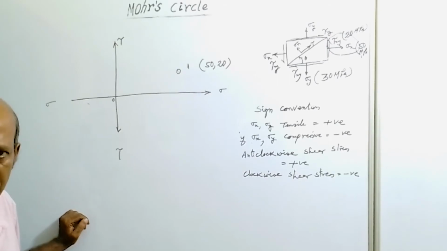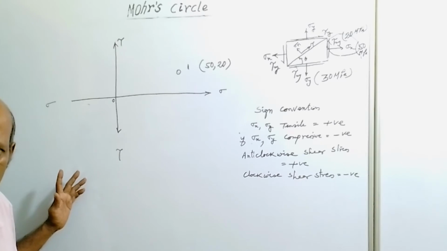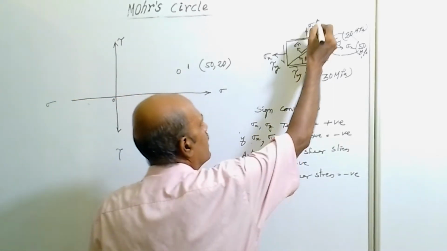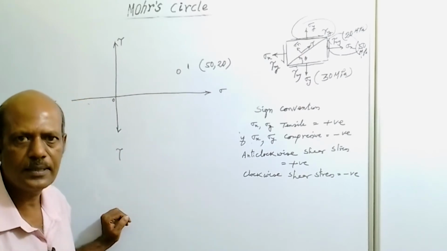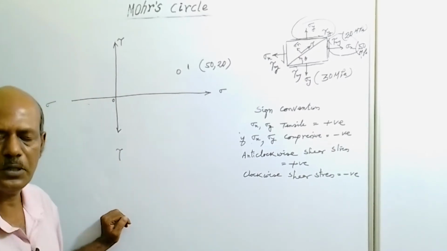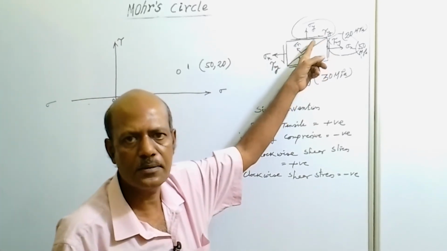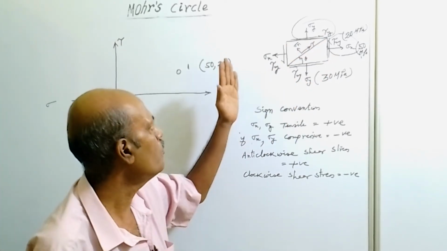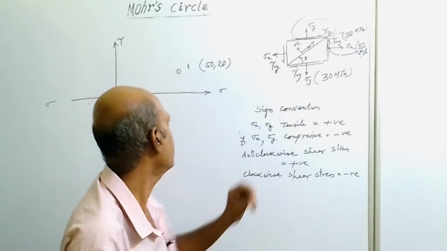Now go to y face. Which face is y face? The face on which the y axis is perpendicular. So this is the face. On y face, what are the stresses acting? Sigma y is positive, but tau xy is in clockwise sense, so it is negative. So sigma y is 30 positive and 20 negative.